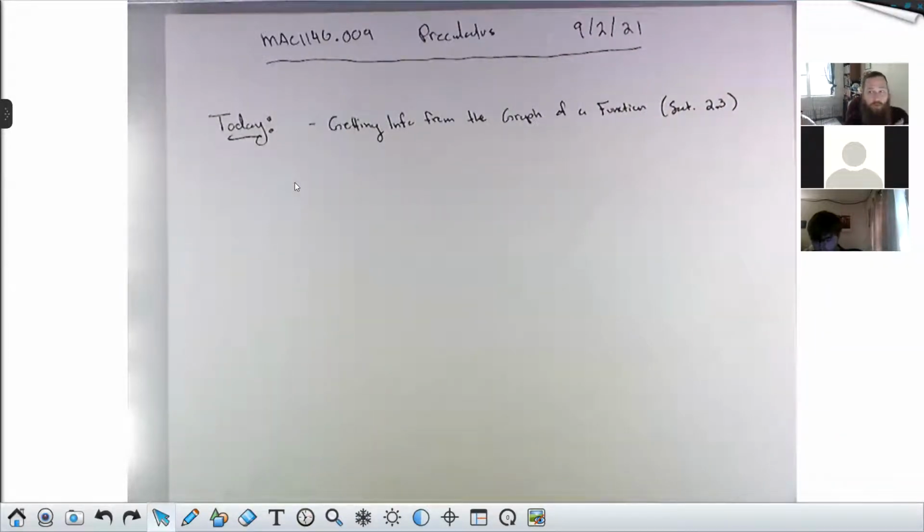So for example, I've shown you how to find domains, right? We've talked about the algebra processes for finding the domain of an expression or a function. You look for red flags and then you solve the appropriate equation or inequality. If your function is given to you graphically, meaning you're given a very nice graph of that function, but you're not given the algebra representation, then you can find your domain using just the graph.